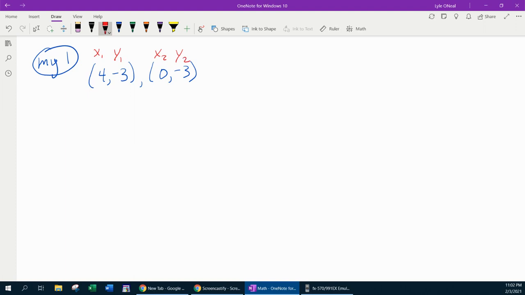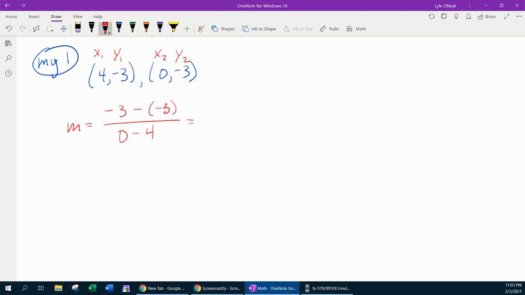Label your points first, then plug and play. And remember the y's are on top. So that's going to be y2 minus y1 over x2 minus x1.